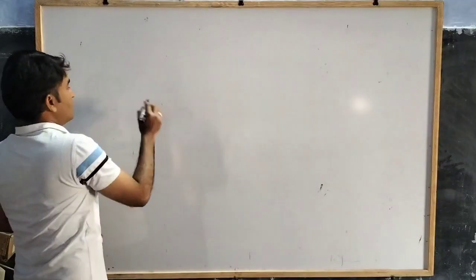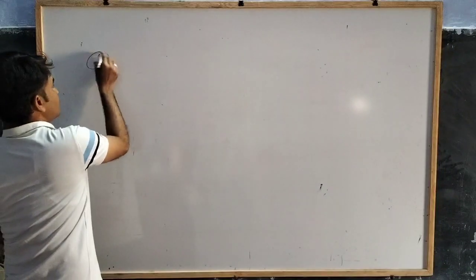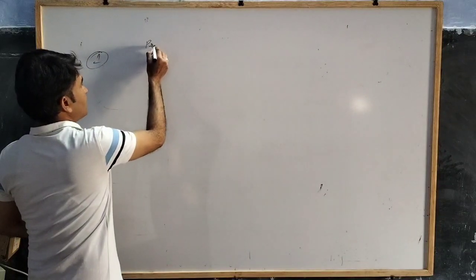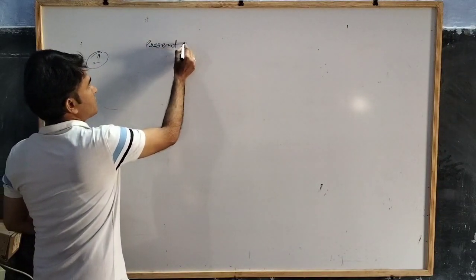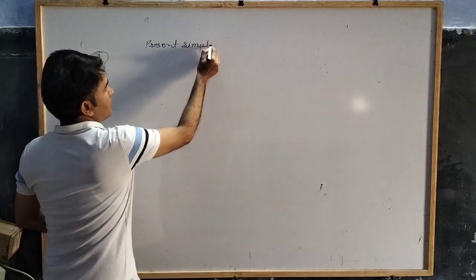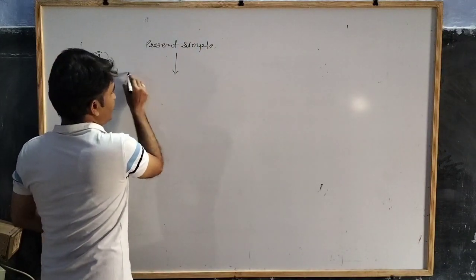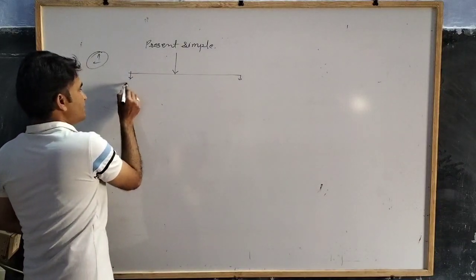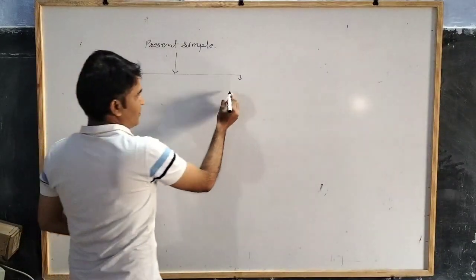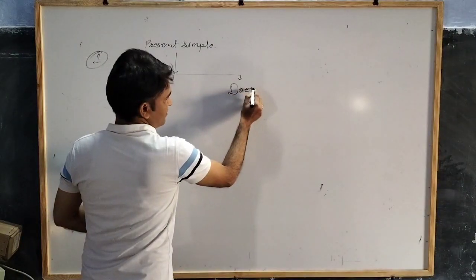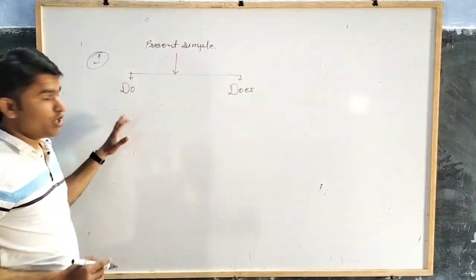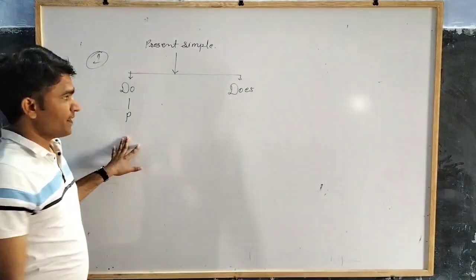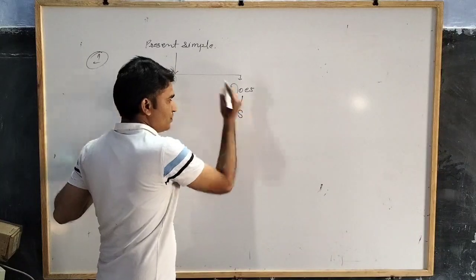Okay, so line number first, if we discuss in this line, we find present simple. In present simple, there are two types of helping verbs. The first helping verb is do, and the second one is does. Do is considered plural, and does is considered singular.